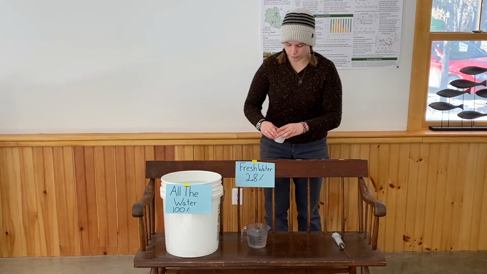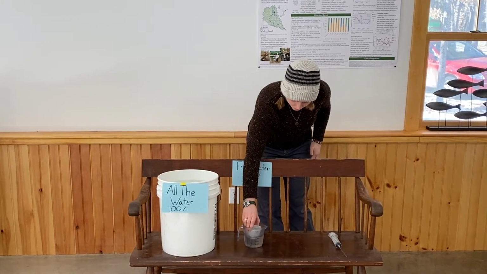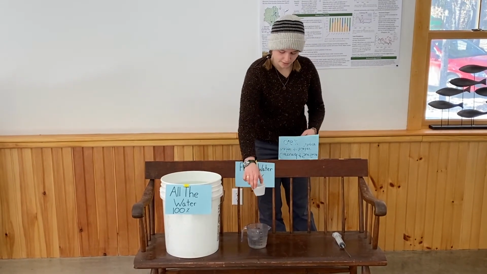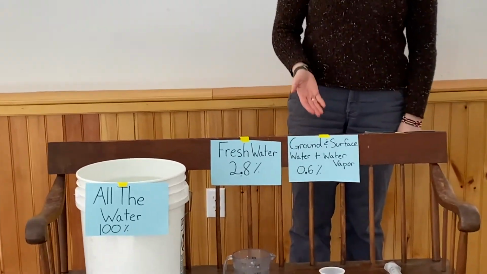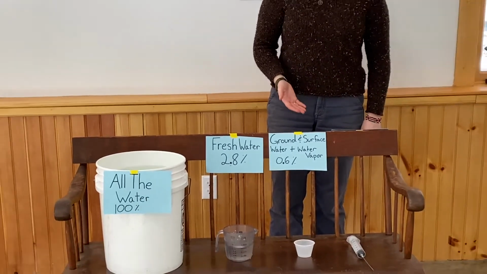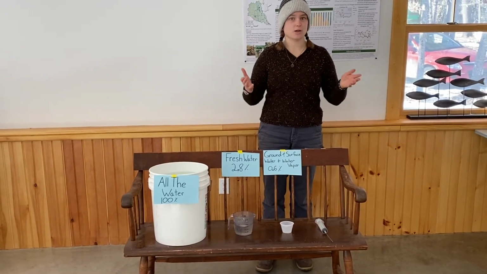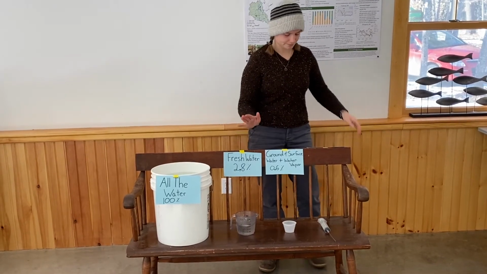So if we want to know how much groundwater, surface water, and water vapor we have, we take out a ½ cup. And this ½ cup is going to represent the 0.6% of fresh water that is in our groundwater, in our surface water, and in our water vapor. The rest of it is all frozen, can't use that.